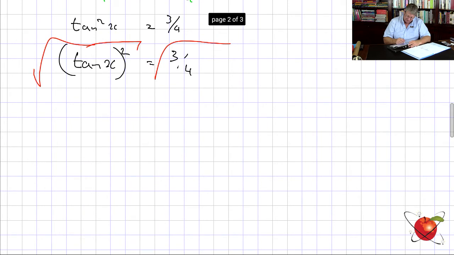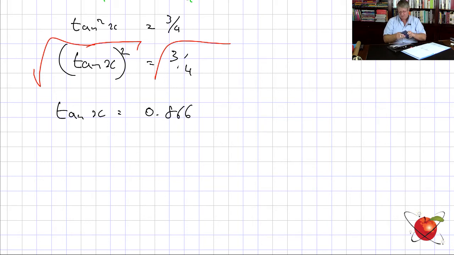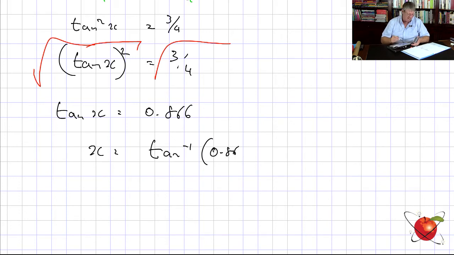And we are left with tan x equals the square root of 3 over 4, which is 0.866. Okay? Please check me on that. Well, I'll check myself quickly. 3 divided by 4 equals that. To the power of 0.5 is 0.866. Therefore, x is equal to shift tan, arctan, 0.866, and it comes out to be 40.9 degrees, like so.